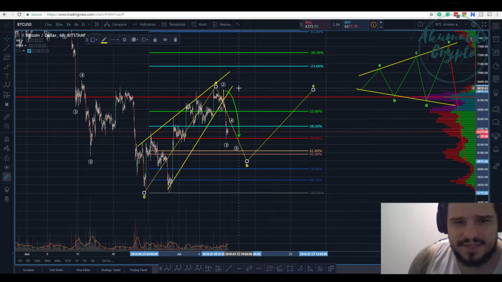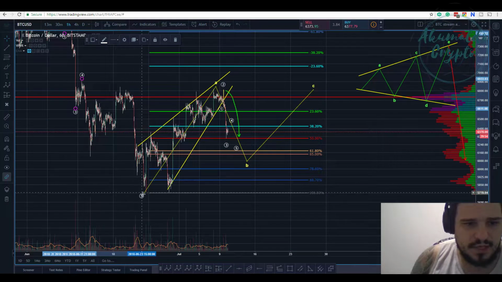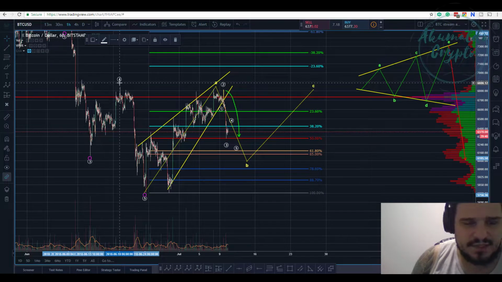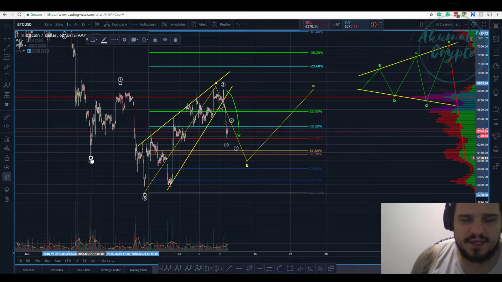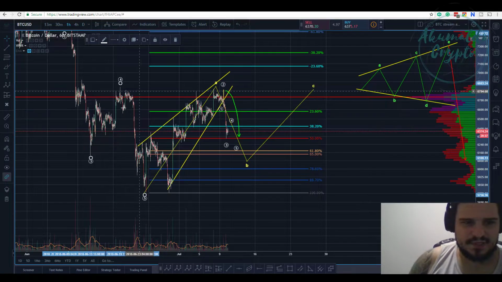What that means is that we are correcting this movement here. So here is our 5. Here's our 3. Actually, this was the count that I had presented weeks before, because this price action here looks like a 4.